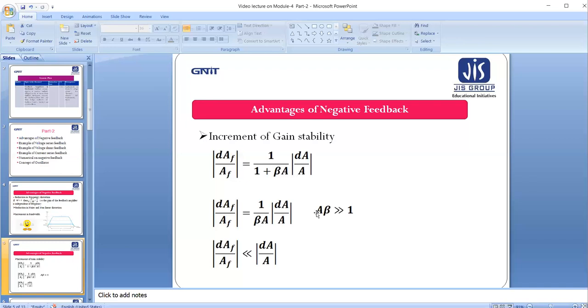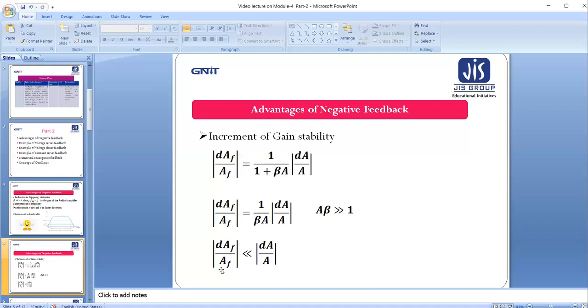And if A beta is much greater than 1, if we think that the feedback circuit is purely resistive, in that case we can neglect the 1 and mod dAF by AF becomes 1 by A beta into mod dA by A. So as A beta is much greater than 1, this relation can be reorganized as mod dAF by AF is much less than mod dA by A. That means whatever the gain variation in the amplifier without feedback, it will be drastically reduced when we use negative feedback.